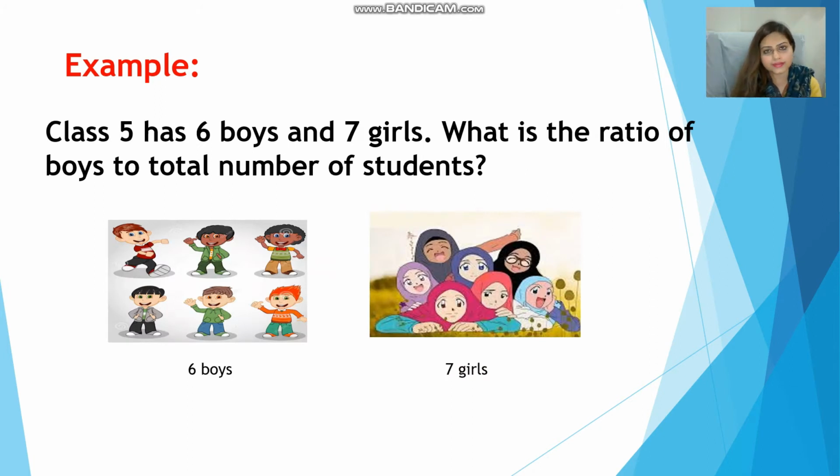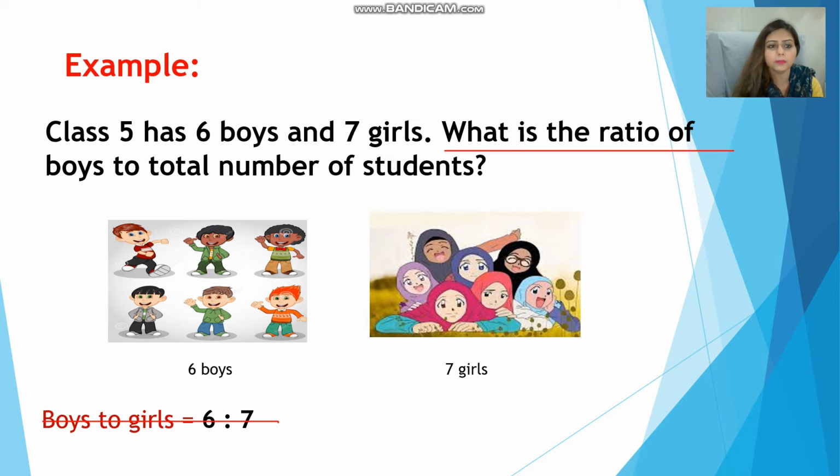So let's do another example which is a little bit tricky. Class 5 has 6 boys and 7 girls. What is the ratio of boys to the total number of students? This is another kind of question which we solve in ratio. The mistake which students usually make is to write boys to girls, which is 6 to 7. But this is incorrect. Why do you think it's incorrect? Let's read the question one more time. What is the ratio of boys to the total number of students?